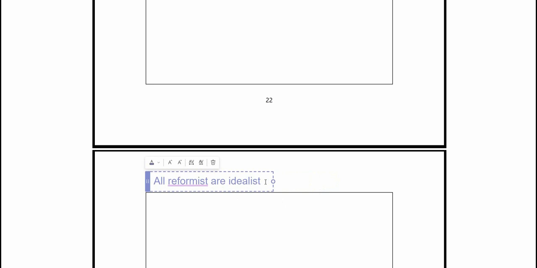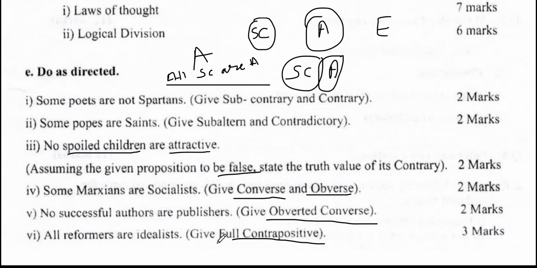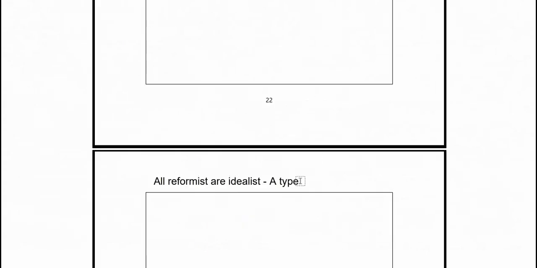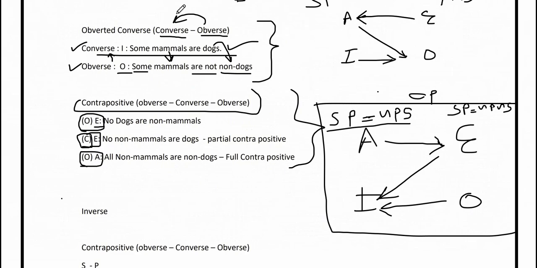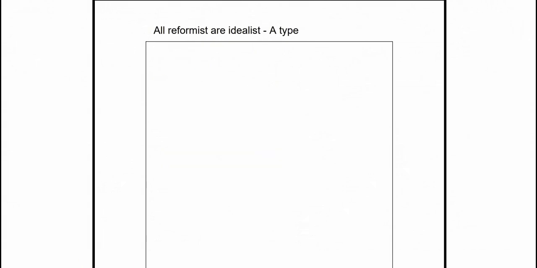Okay, so what kind of proposition is this? This is A type because it says all are. So this is an A type proposition, and since we have to do contrapositive, full contrapositive, let's check both partial and full contrapositive using the diagram that I just showed. So we'll redraw the diagram here. We write A, E, I and O. Contrapositive starts with this.